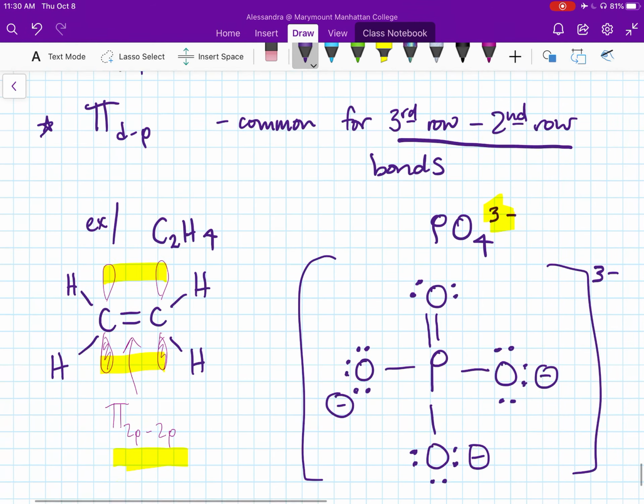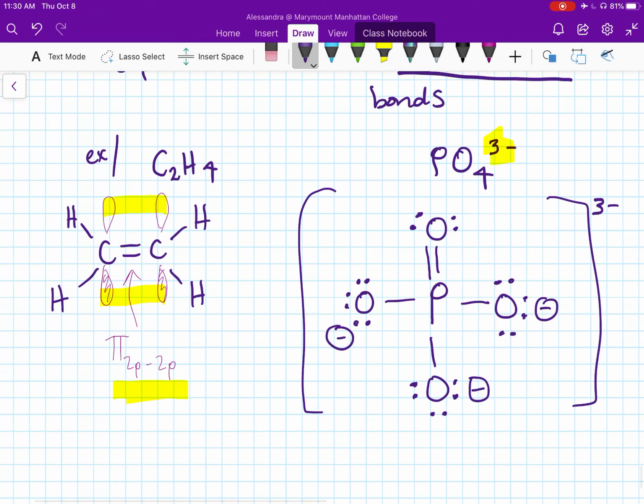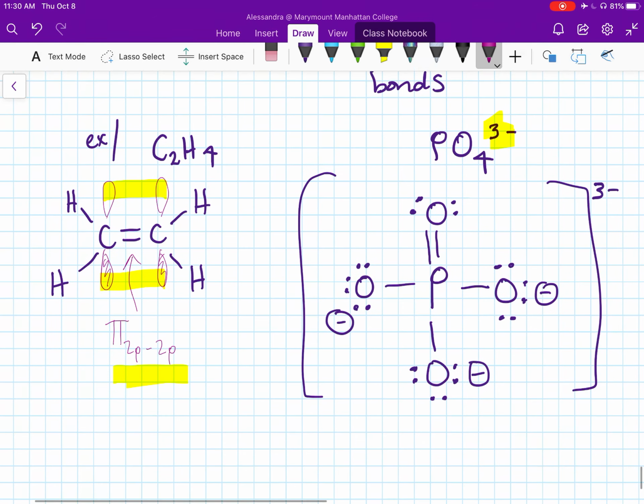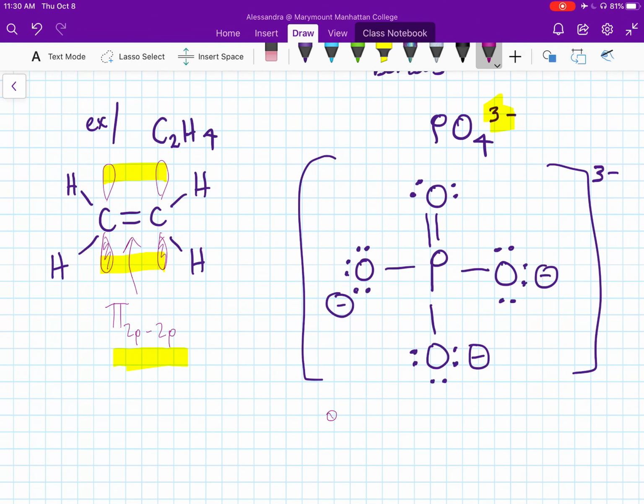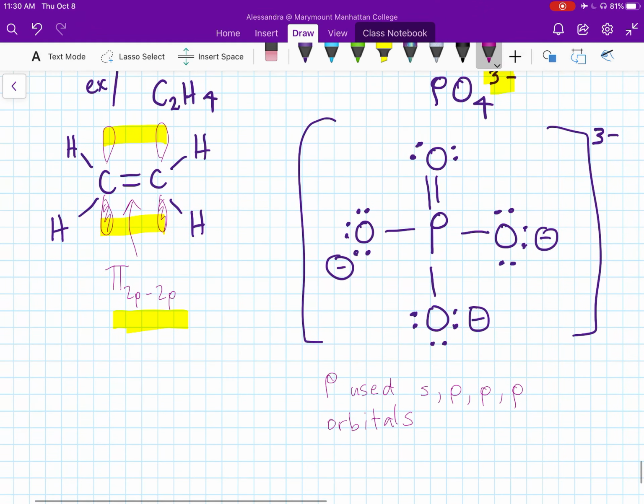So what is going on to produce that pi bond between phosphorus and oxygen in this drawing? You have to think about this because phosphorus already used its s and all three of its p orbitals, in the form of sp3 hybrids.